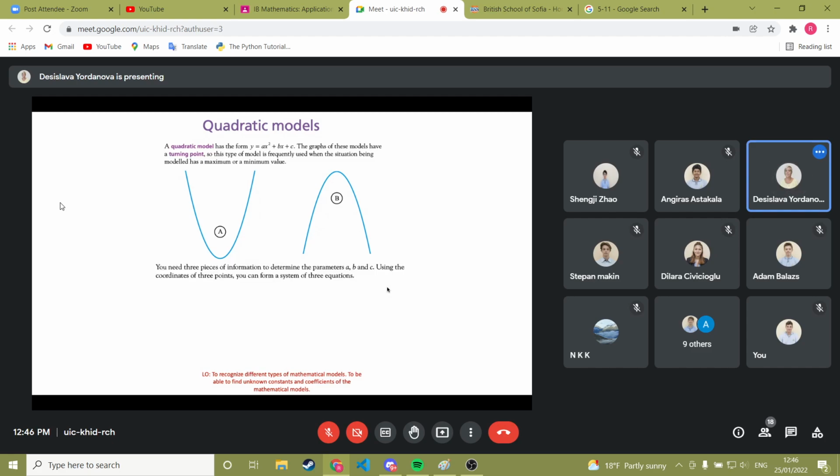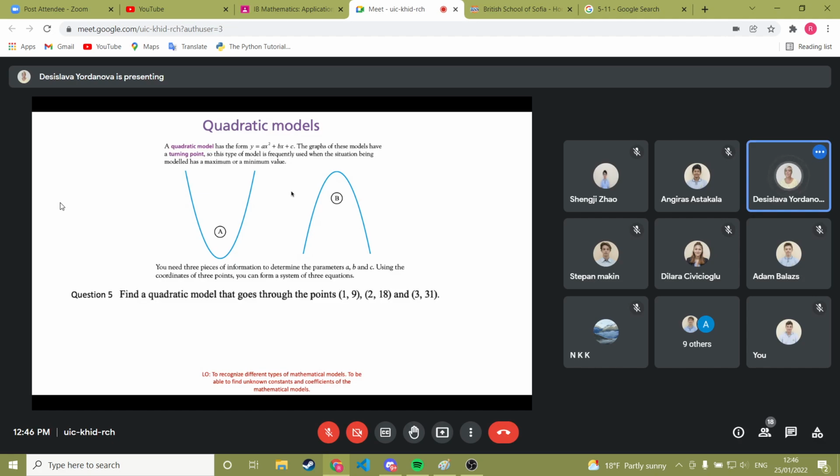Because the general form of the quadratic model is ax squared plus bx plus c, you have three coefficients, a, b, and c, which means you will need three pieces of information to determine them. Using the coordinates of three points, you can form a system of three equations.